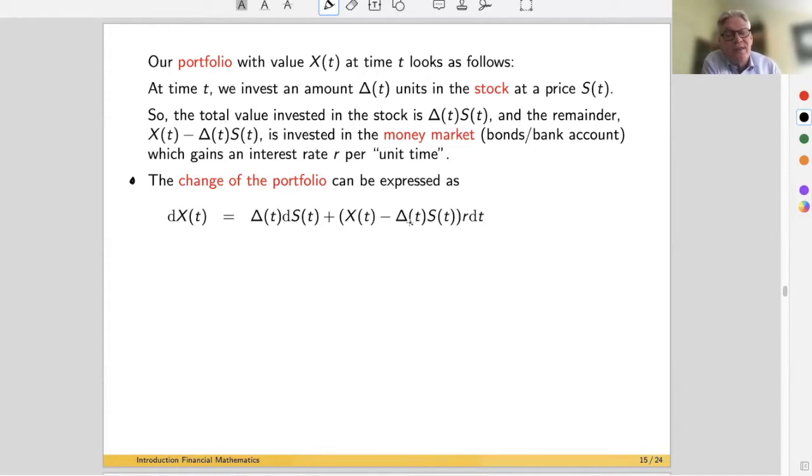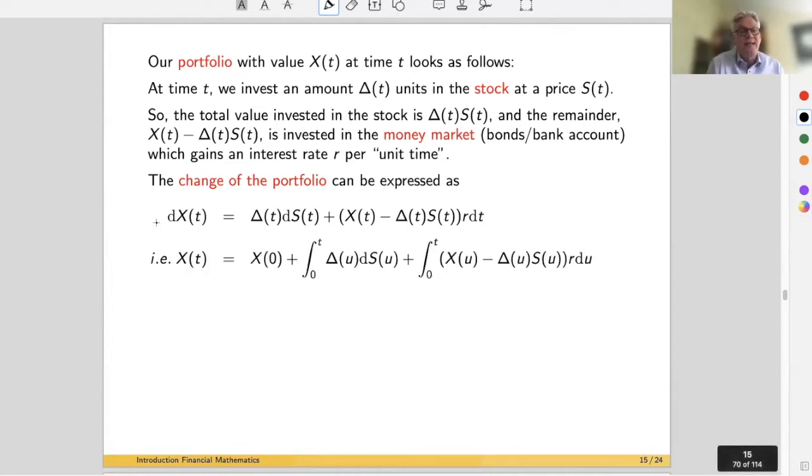So that grows with interest rate. Again, remember my first lecture, Xt minus delta t St will grow with the interest rate and the period of time. So that is multiplied by r dt. These are the dynamics of our portfolio, and we can rewrite that, of course, as an Ito process. Always remember that it's very convenient to work with the differential form, but behind that is the integral form, the Ito process.